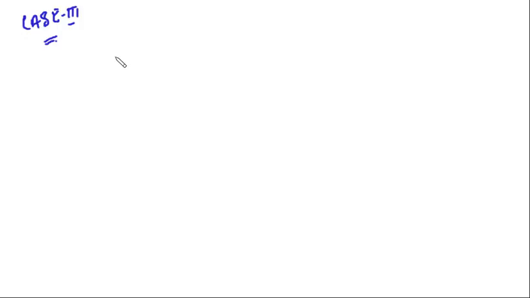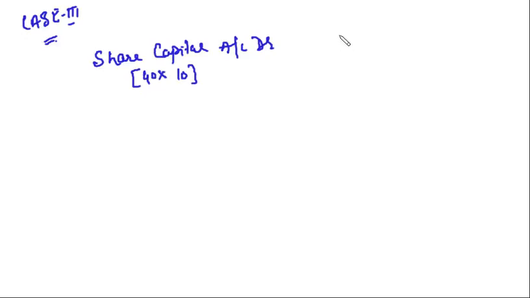So, account debited will be share capital account debit. With what amount? On 40 shares, you have called the whole amount, 400 rupees. Now, to forfeited shares account.